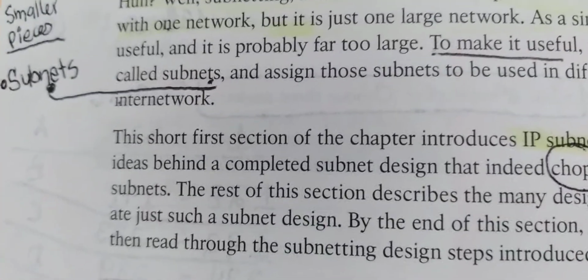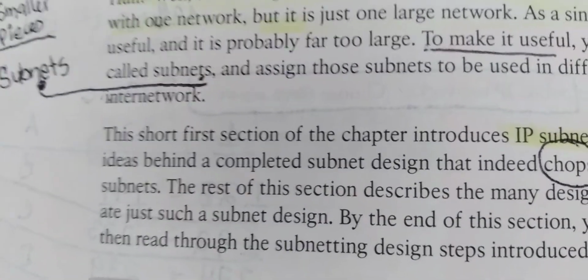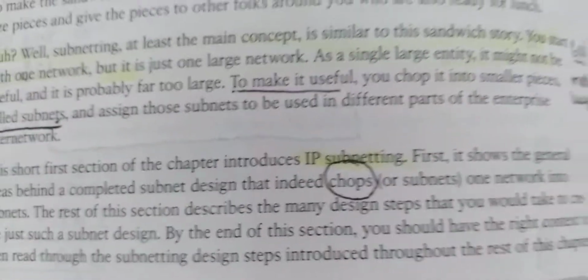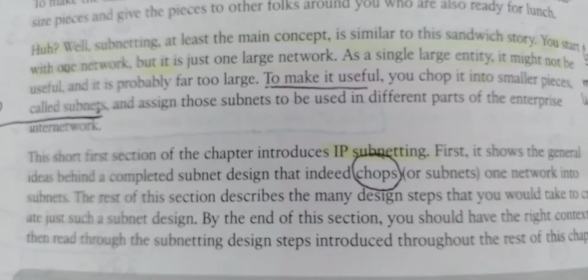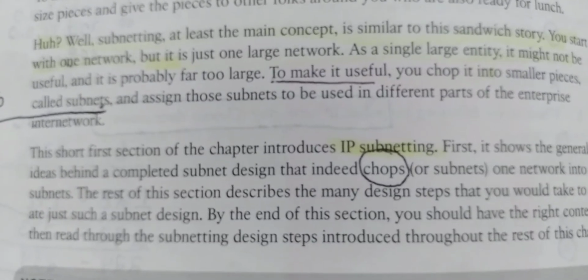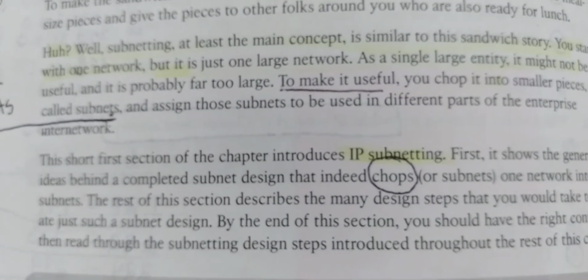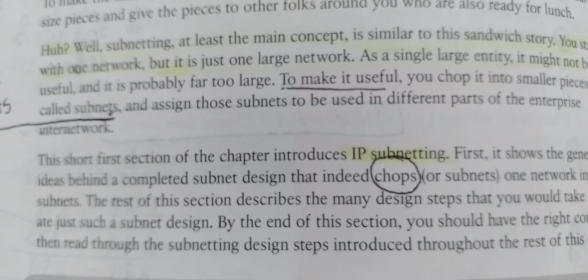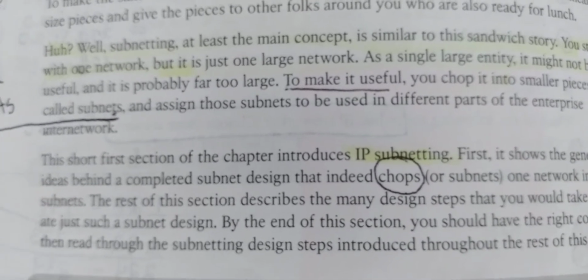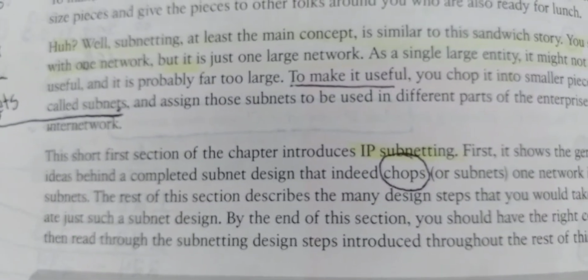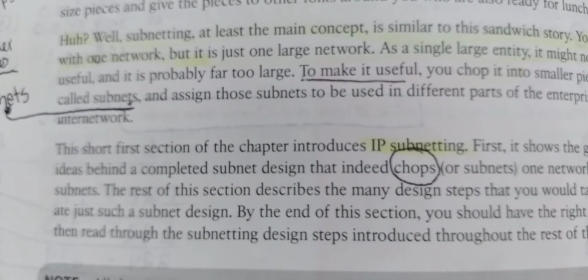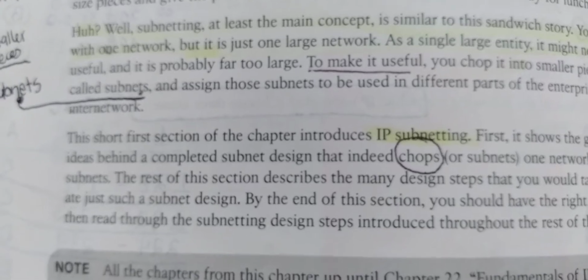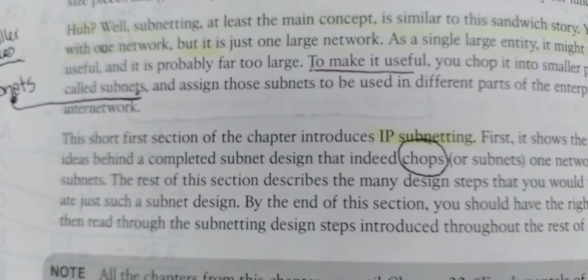The rest of this section describes the many design steps that you will take to create just such a subnet design. By the end of this section, you should have the right context to then read through the subnetting design steps introduced throughout the rest of this chapter.